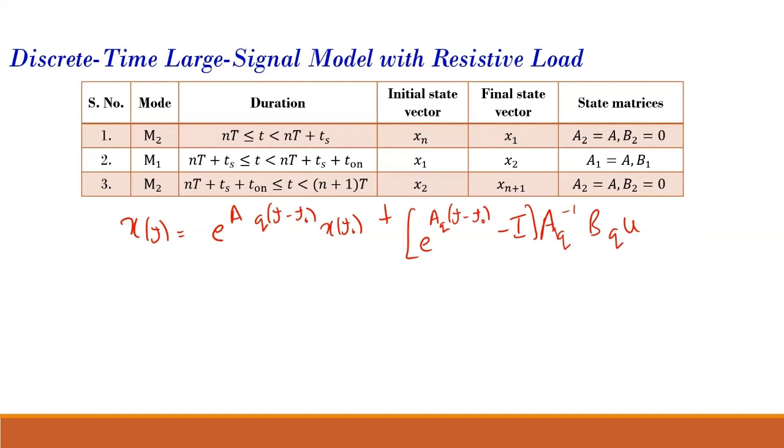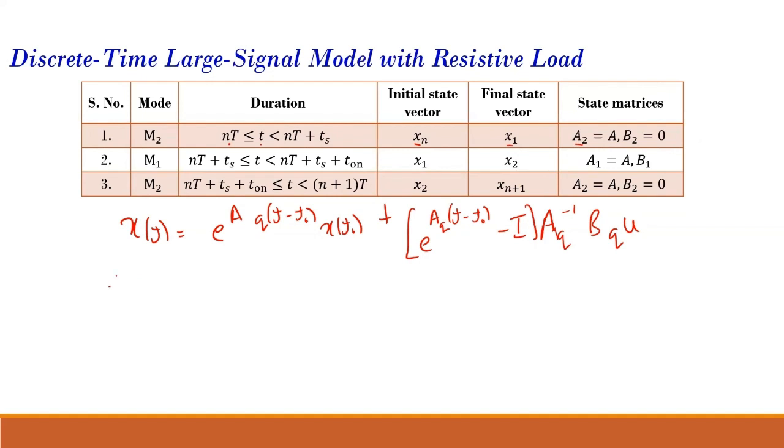Now for this duration, where t lies between nT to nT plus Ts, my initial state vector is xn, my final state vector is x1. My matrices are A2 equal to A and B2 equal to 0.